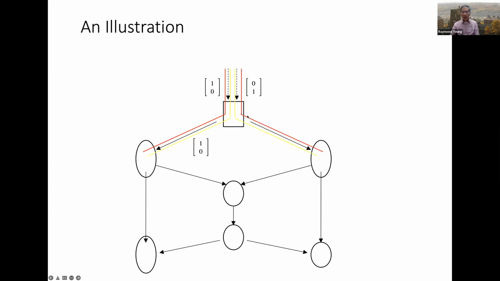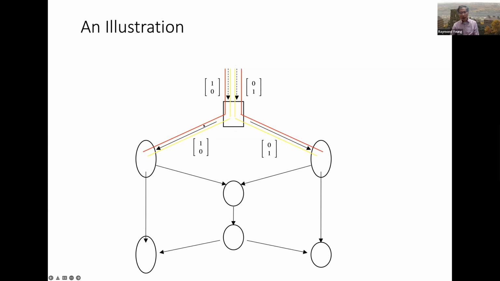Same thing, you extend this yellow path to here, and you extend this red path to here, and you extend the yellow path to here. So here we assign 0, 1 to this edge. Again, this is valid because it's equal to 0 times this plus 1 times this.